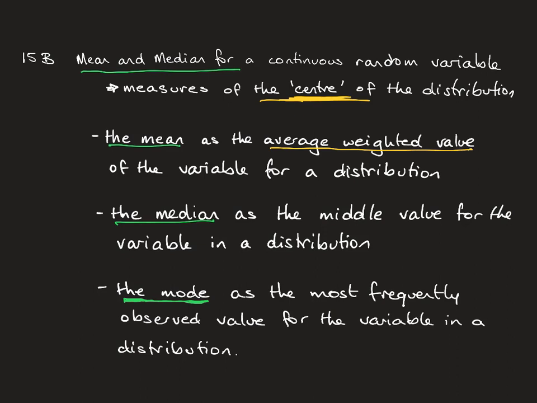We're going to look at the median as the middle value, where half of the data is above it and half is below it. And finally, the mode is the same as in Year 8 and Year 9. It's the most frequently observed value for the variable. So let's dive in.